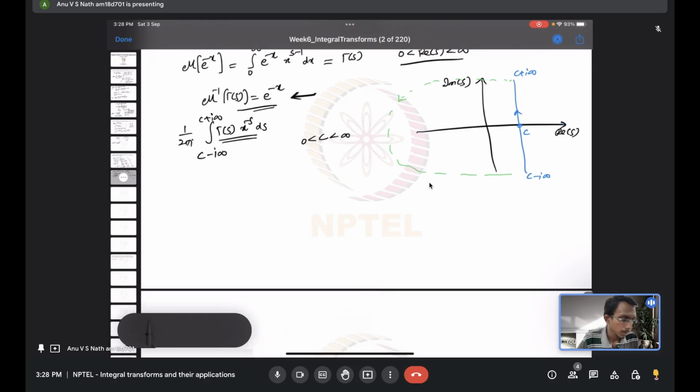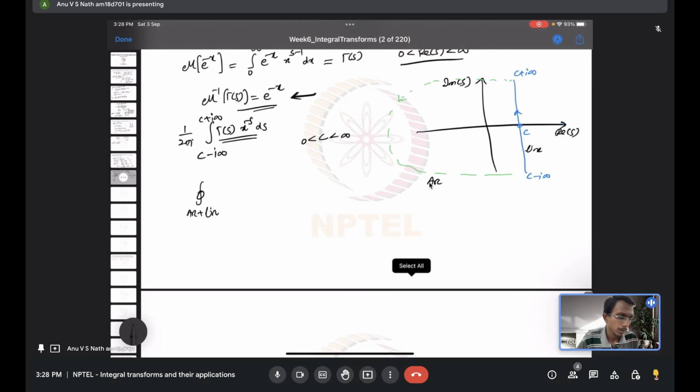The closed contour integral is over an arc and the line, so the arc plus line contribute to a closed contour. The function we will input later; for the moment I'm just writing the integral sign only.